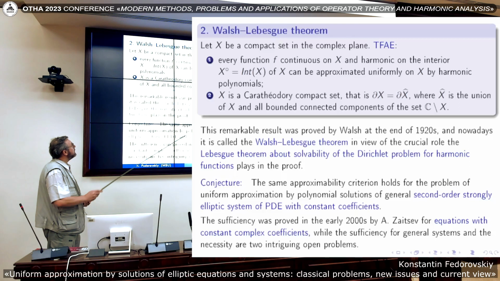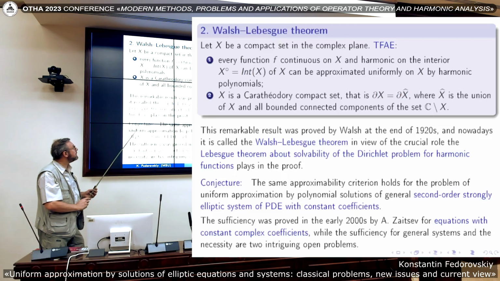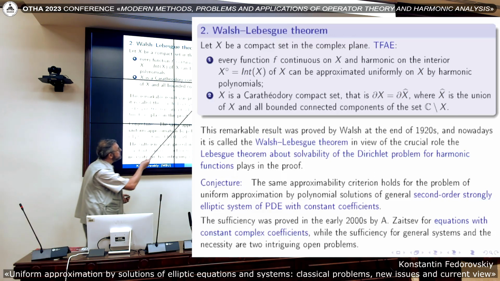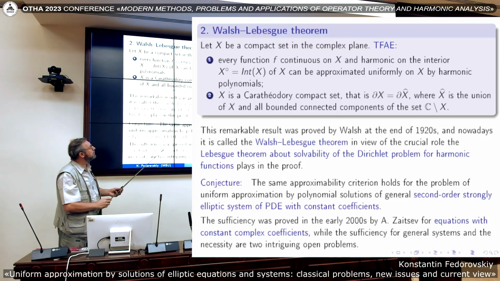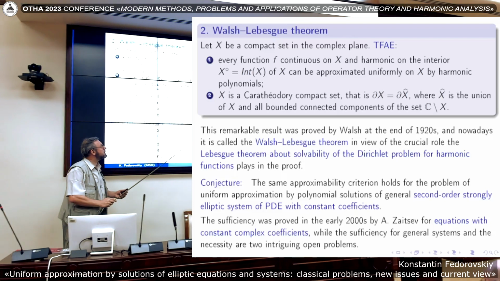Well, and the criterion is the following one. This approximation is possible if and only if X is a so-called Carathéodory compact set, which means that its boundary coincides with the boundary of its topological hull, or polynomial convex hull.